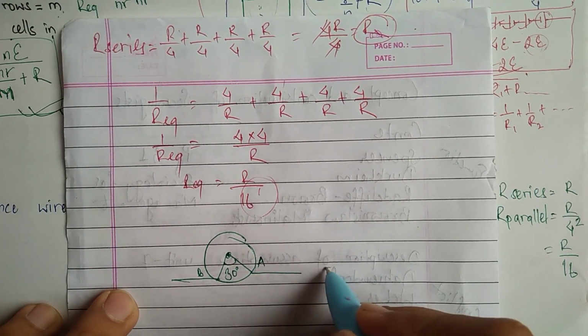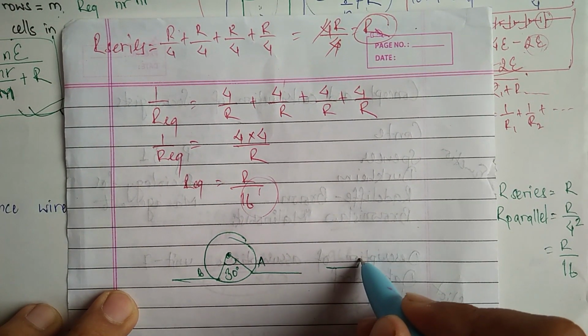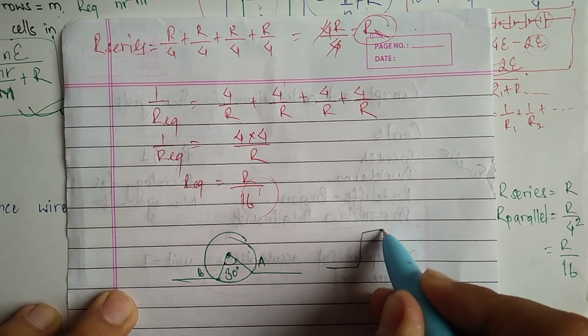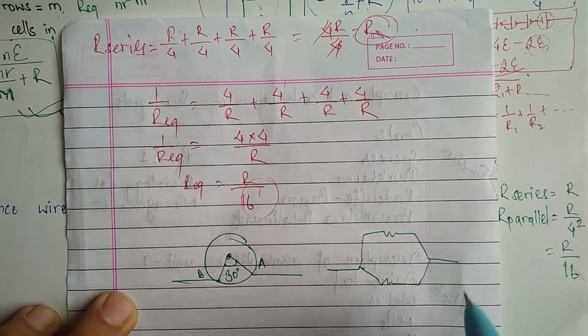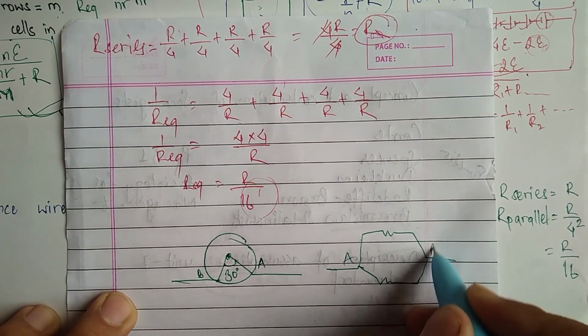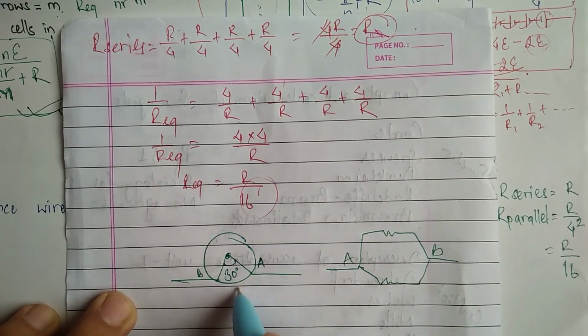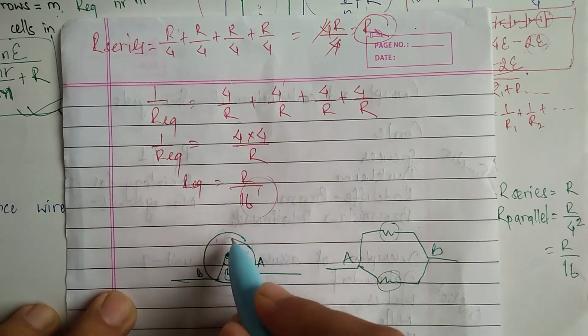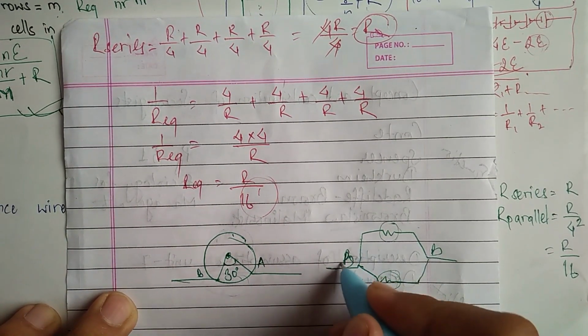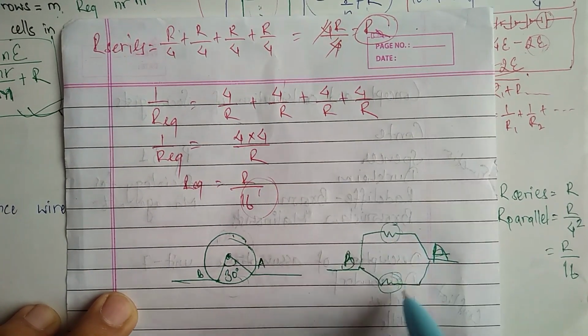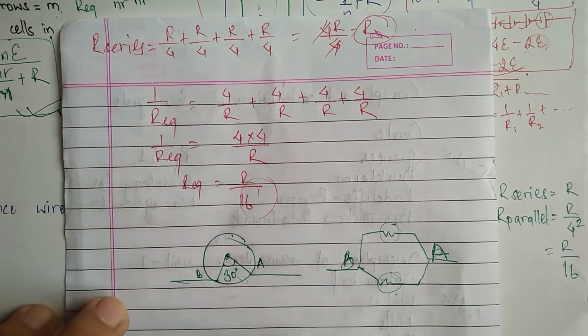So now if we look at it clearly, with A and B, the upper resistance and the lower resistance will look like a parallel connection.